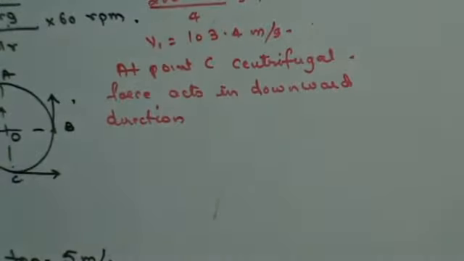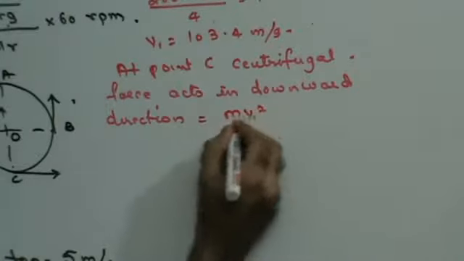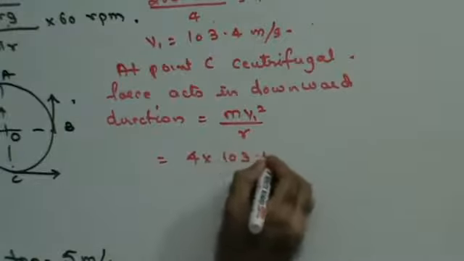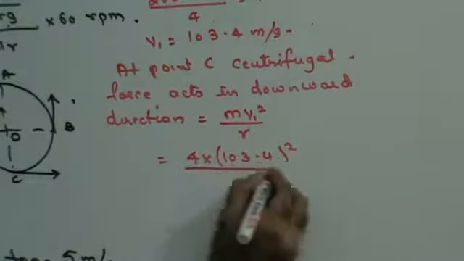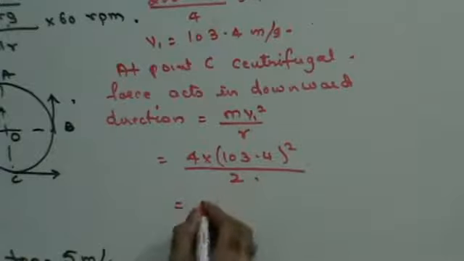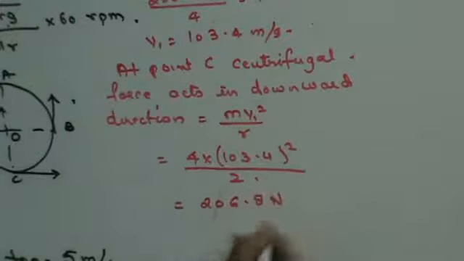That centrifugal force will be mv1 square by r. Mass is 4, v1 you found out as 103.4, radius is 2, right? So in that case you will come to know that the downward centrifugal force is going to be 206.8 newtons.